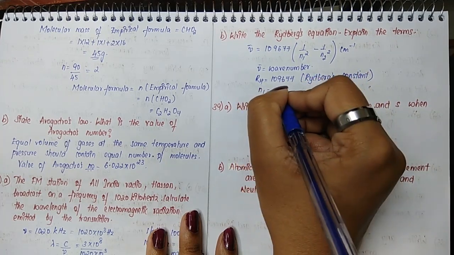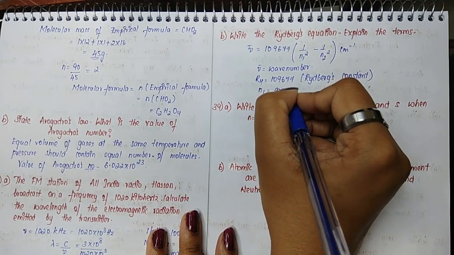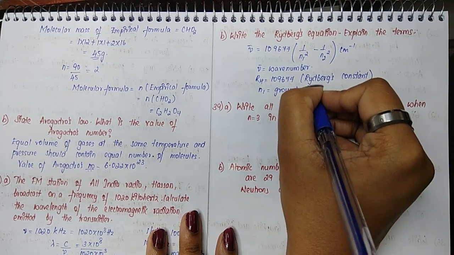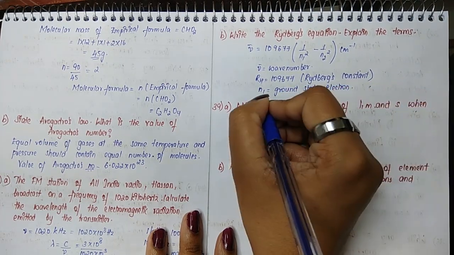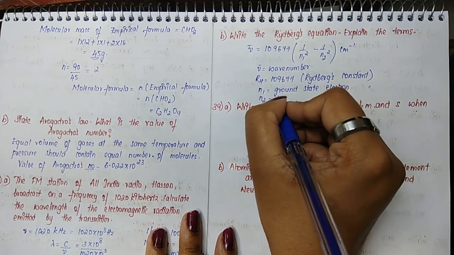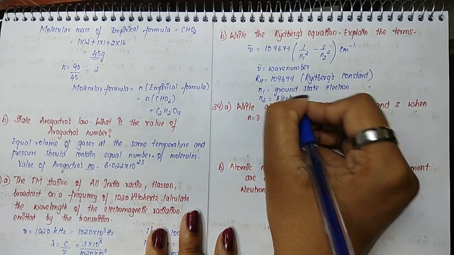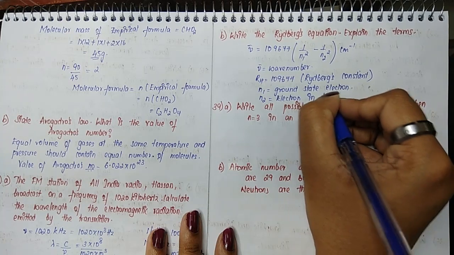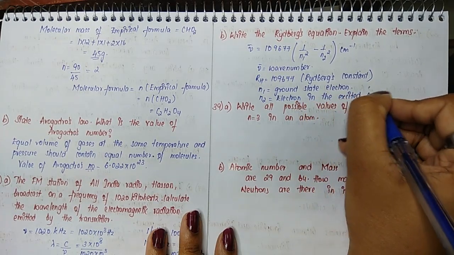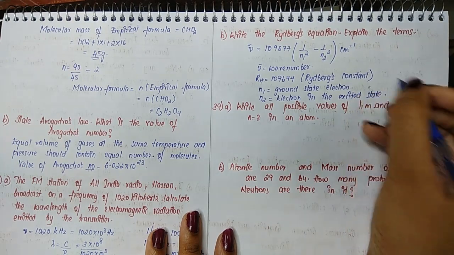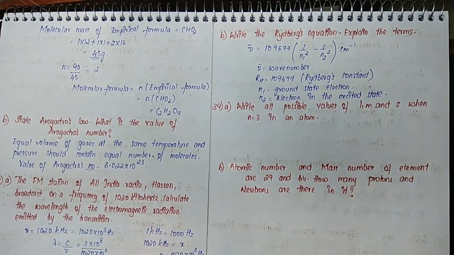N1 is equal to ground state electron. N2 is equal to electron in the excited state. So this is a 2-mark question and the previous problem was a 3-mark question.